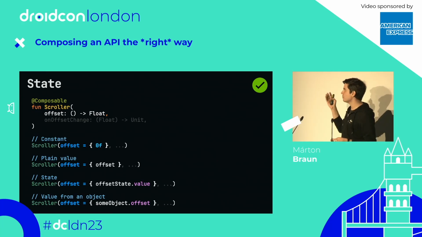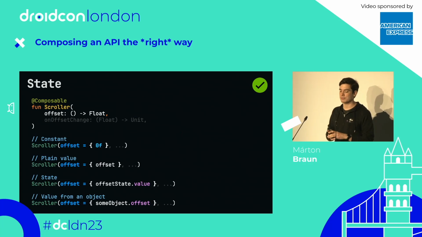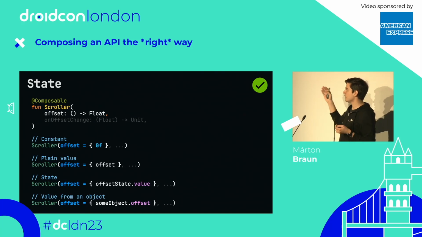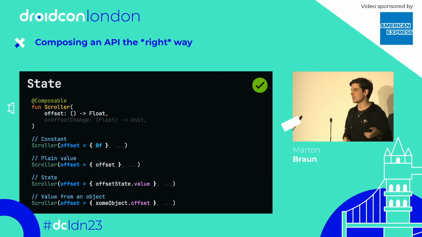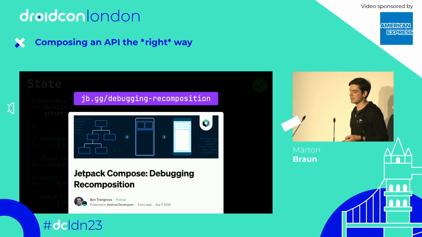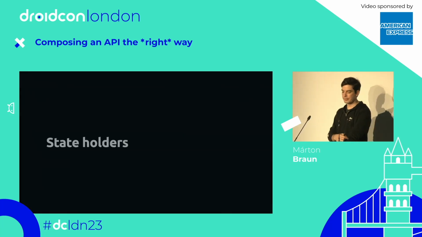So for flexibility, you might want to provide a parameter which can produce a piece of state. And this can also be useful for deferring reads to state. So if we don't read the state before calling the component, but we pass in a function that's able to read the state, we can do all kinds of nice optimization with that, which you can learn more about by reading this article. Again, the links are going to be on the last slide as well.